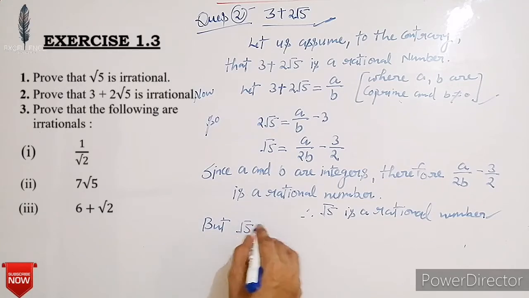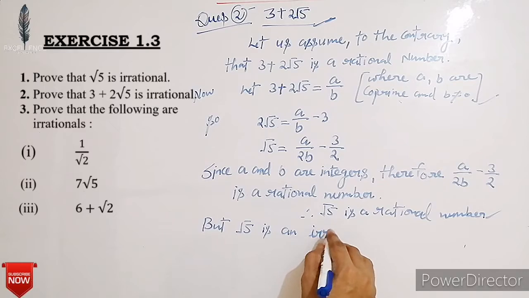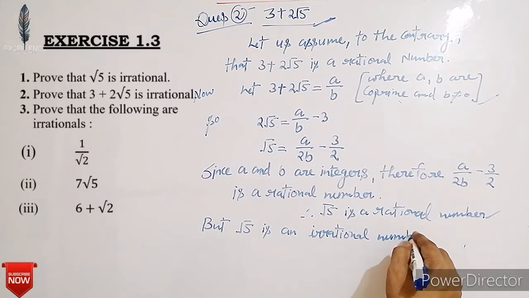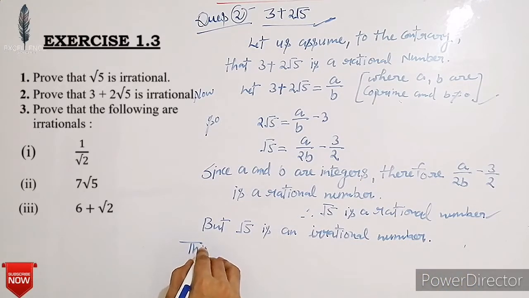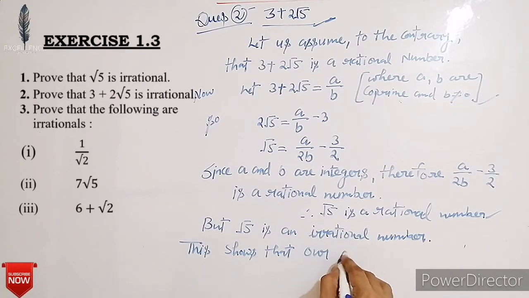But we know that under root 5 is an irrational number. Okay. This shows that our assumption is incorrect. Okay, students?